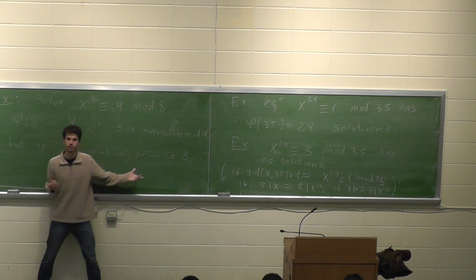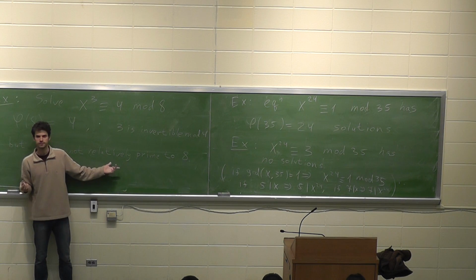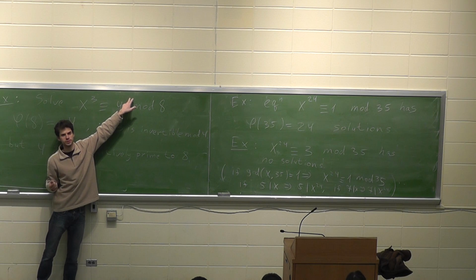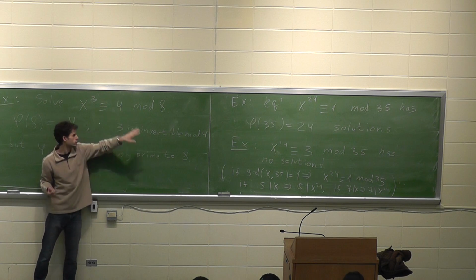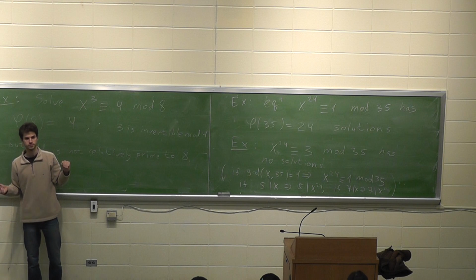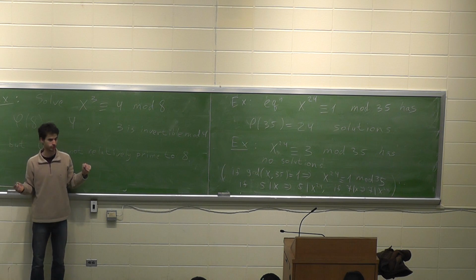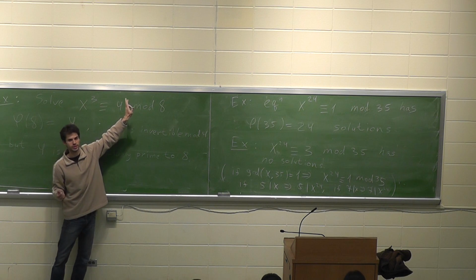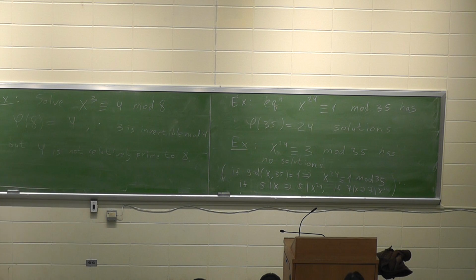So the corollary doesn't apply. You can't expect that raising this number to some power depends only on this power modulo 4. It just is wrong. This number raised to the power of 4 is not congruent to 1 modulo 8. So the corollary doesn't apply.